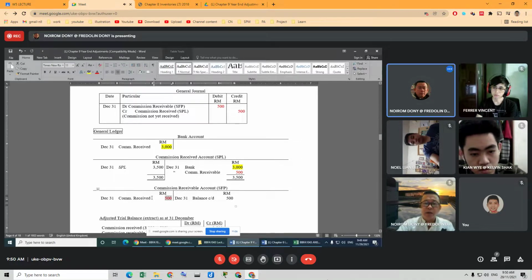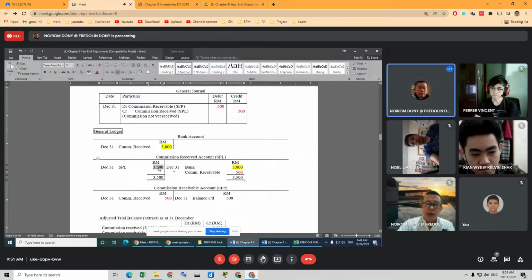Then, commission received is an SPL item, so we have to close it off. How do we close off? Because this is a credit item, we make a debit entry and put it to SPL.